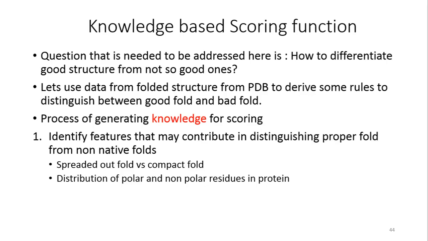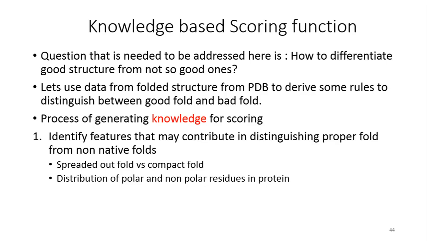Okay, for example, if we end up generating a configuration that is a whole lot spread out, then it's probably not a good fold, because from existing structures we know that protein folds tend to be compact. Now we can consider hydrogen bonding as another feature.